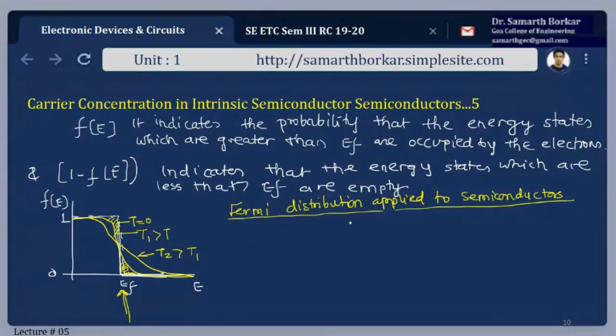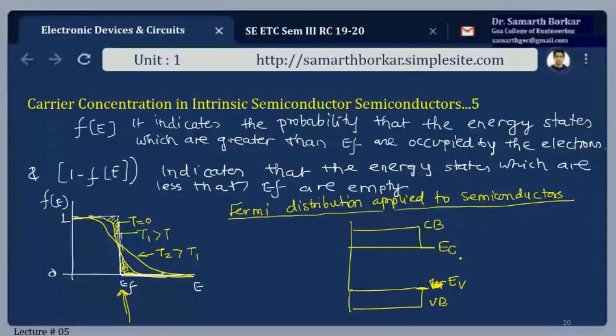So here I'm having a conduction band, again a valence band. This energy level is represented as EV. This energy level is represented as EC.